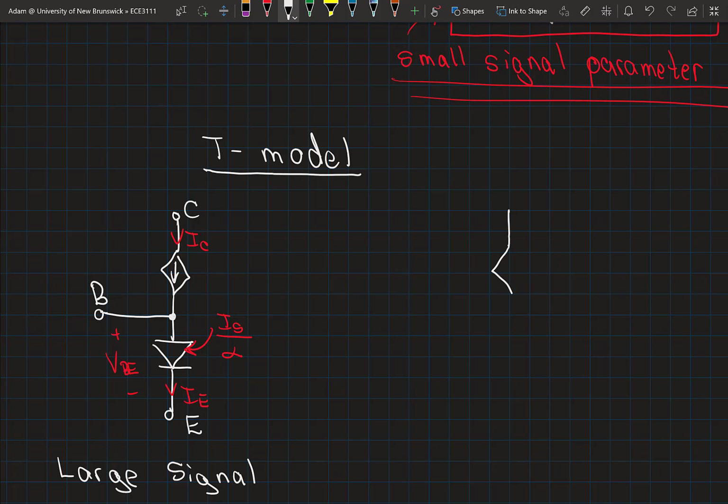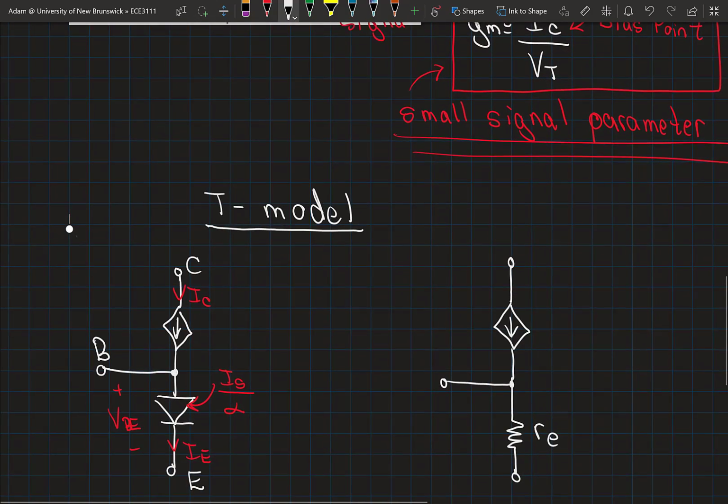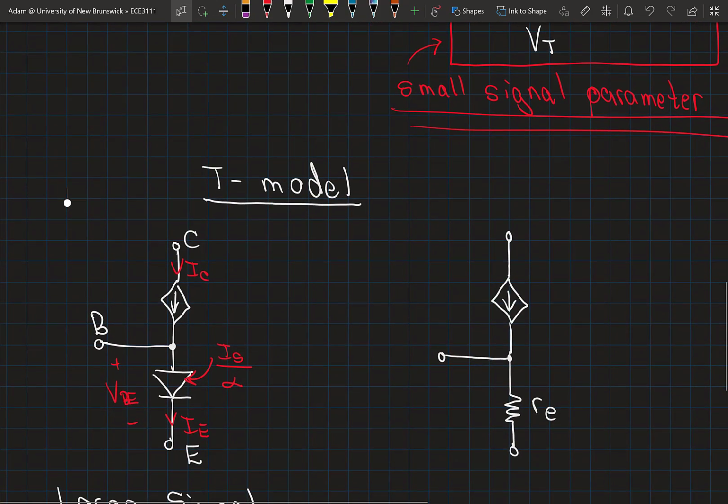But when it comes to the small signal model, again, much like the case of the diode, we can replace this exponential diode behavior with simply a linear relationship, which is represented as a resistance. And we'll see in a second how this resistance relates to this transconductance parameter that we discovered up above.